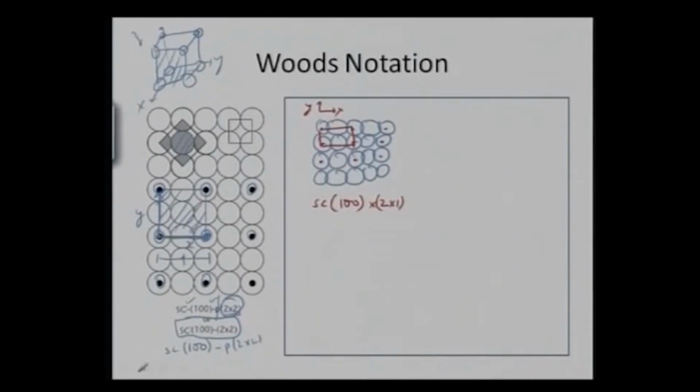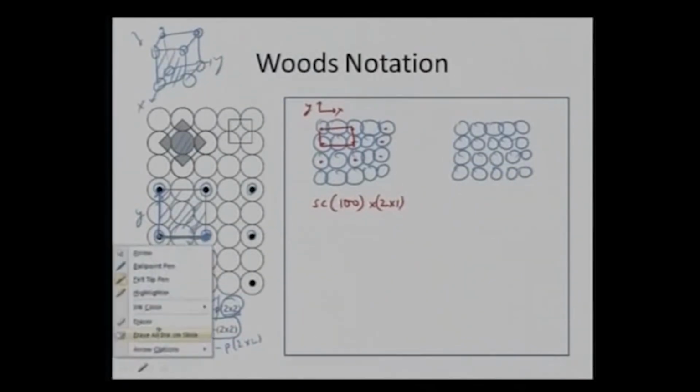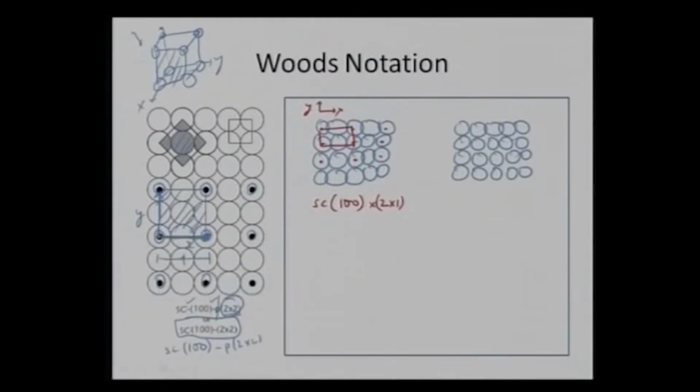In some other case, if we can go back and say that my atomic arrangement is like this for a simple cubic 100, and say I had something like this, one adsorbate atom out here, one out here, one out here, one out here, I can take either this as a primitive lattice, or I can also take this as a primitive lattice.